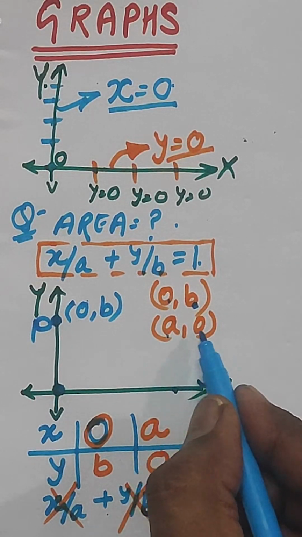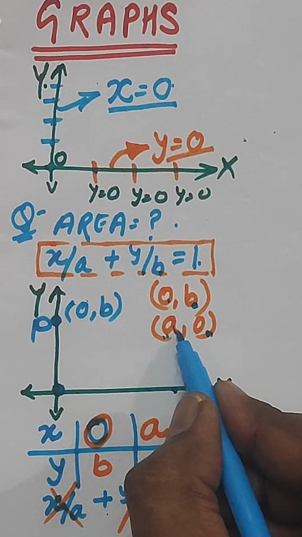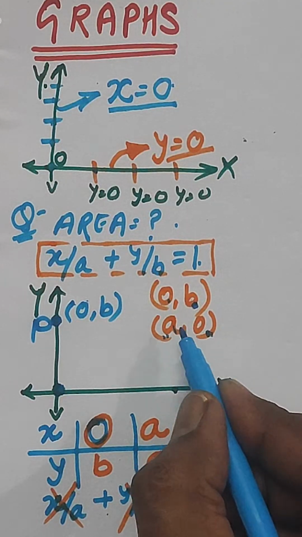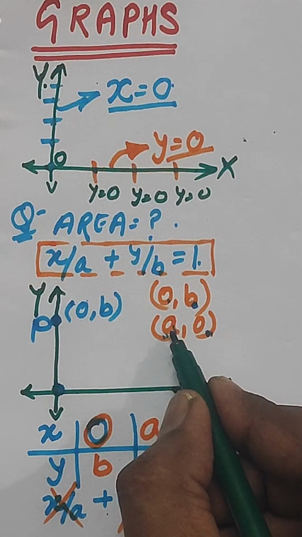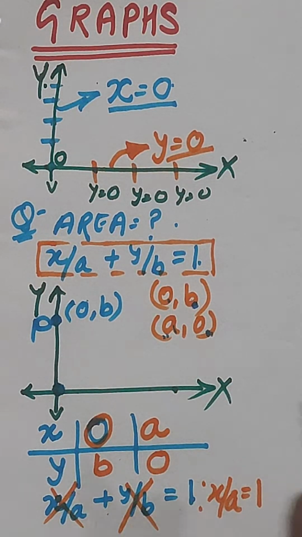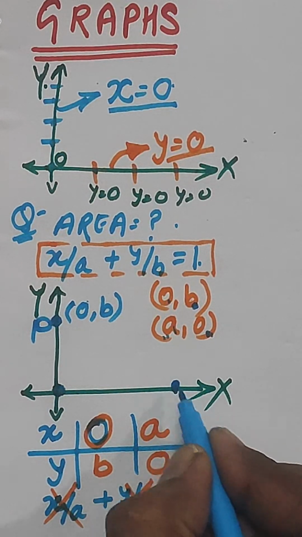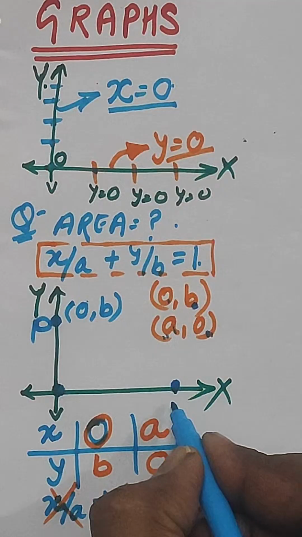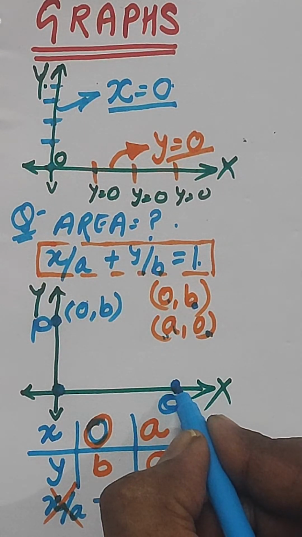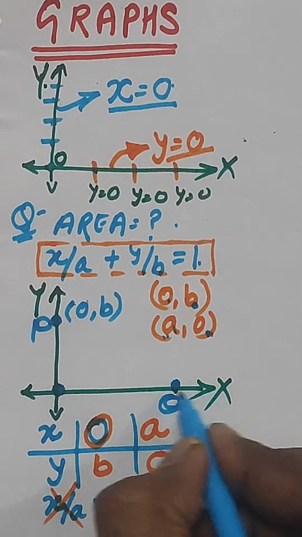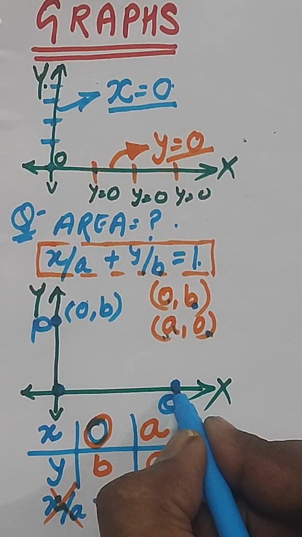Similarly, (a, 0) is the second point. You can see the x coordinate is a. That means on the x-axis, let us say there is a point here, represented by Q, where the value of x is a.